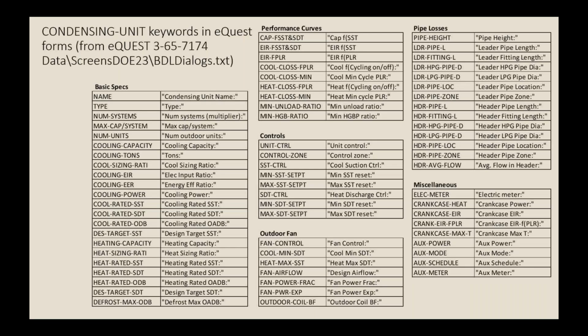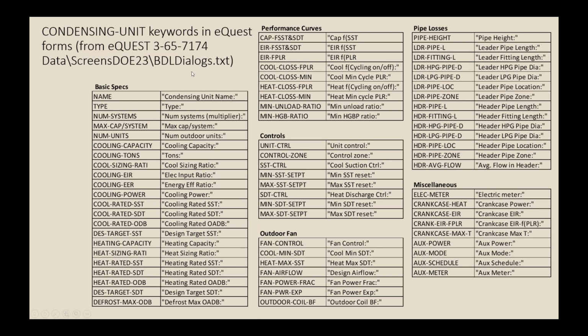If you are looking for a specific keyword in the interface, this is a map that shows the list of all the keywords that are related to condensing units and the names they're given in the interface.